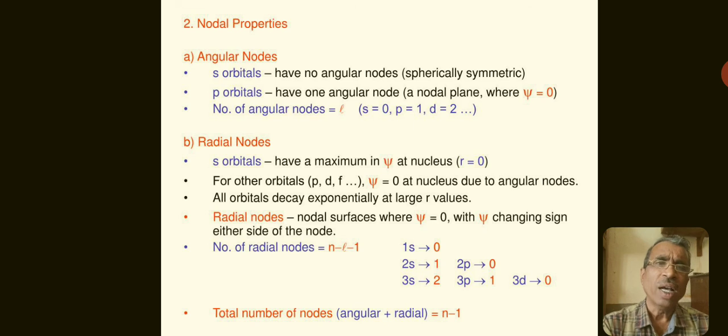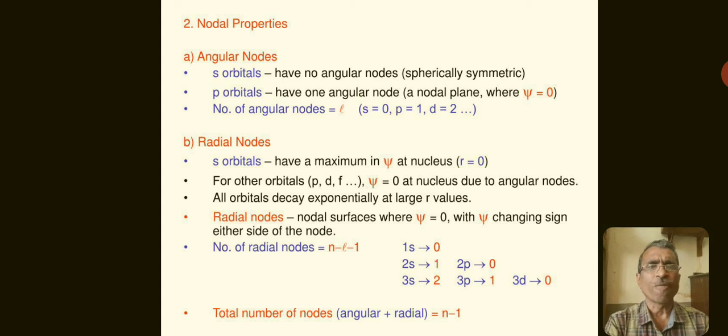Coming to the radial nodes. The s orbital has a maximum in psi at the nucleus, r is equal to 0. For other orbitals like p, d and f, psi is equal to 0 at the nucleus due to angular nodes. All orbitals decay exponentially at large r values.